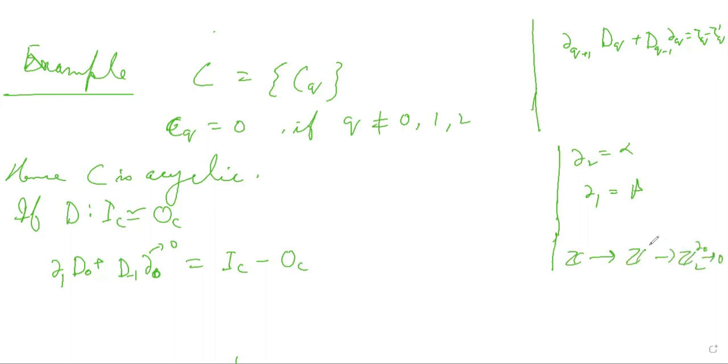This is beta, alpha. So this implies your boundary 1, this is beta, then D naught. So this is equal to identity. Implies D naught is the right inverse of beta.